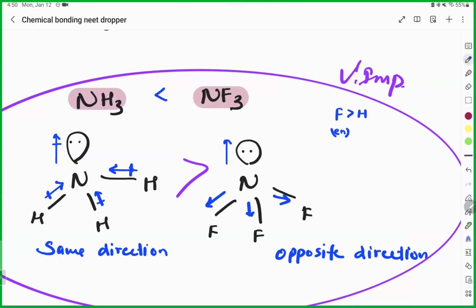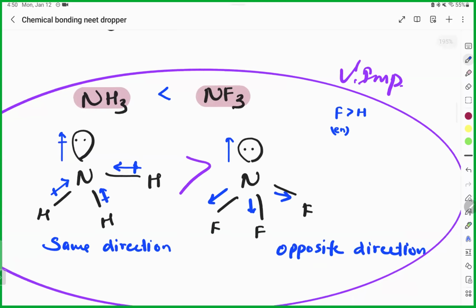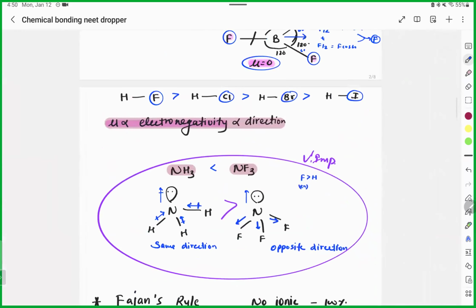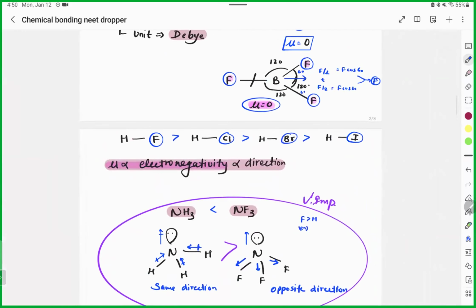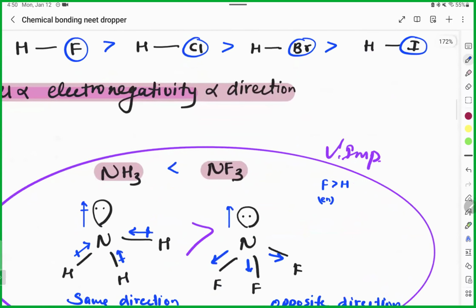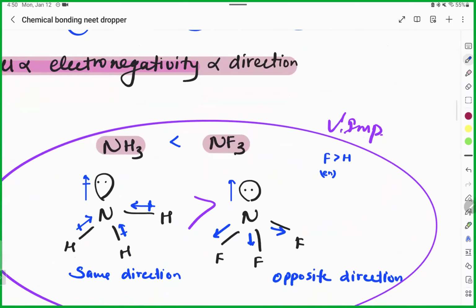Fluorine electronegativity is more than hydrogen, so fluorine should have more dipole moment because dipole moment depends upon the electronegativity. Yes or no? Yes.